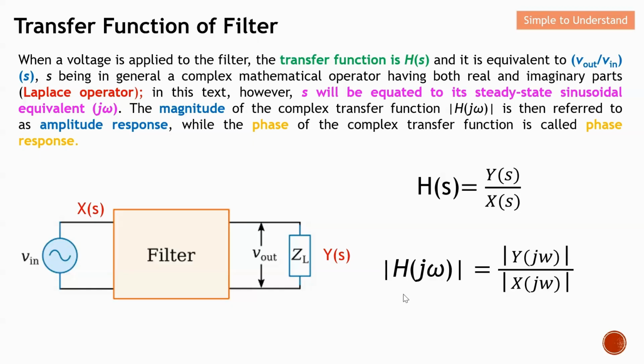So let's take a look at this. The magnitude of this complex transfer function is referred to as the amplitude response. As I mentioned earlier, this jω includes both the real term and the imaginary term. The real term will be the amplitude response, while the imaginary term will be the phase of the complex transfer function.